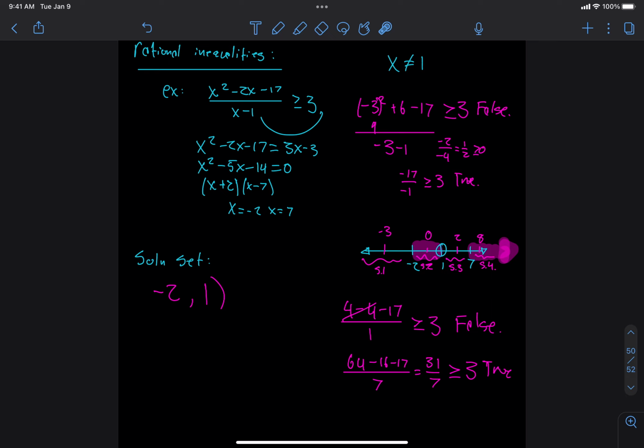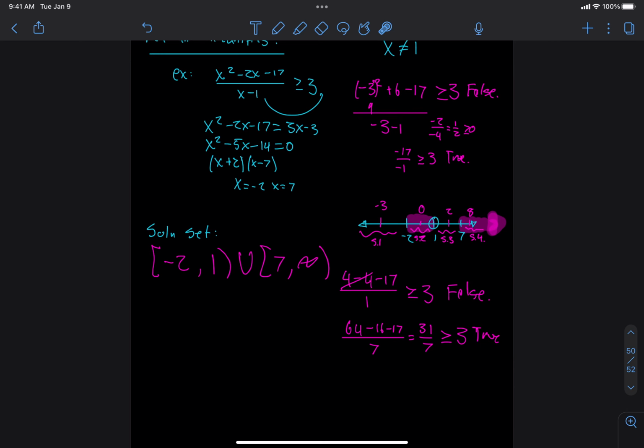We are going to include it by virtue of the greater than or equal to sign. So we already determined that -2 is a number such that if I plug it in, I get equality. So -2 should be included because I'm okay with equality. And now comes a union, and the next set should be from 7 to infinity, and include, again, by virtue of this greater than or equal to sign.